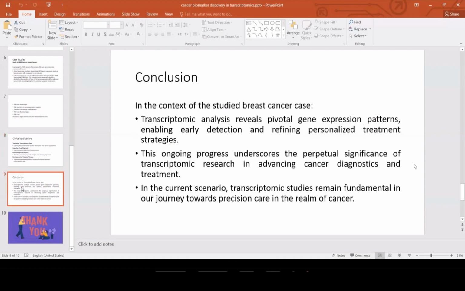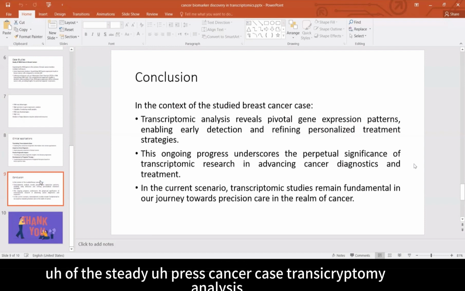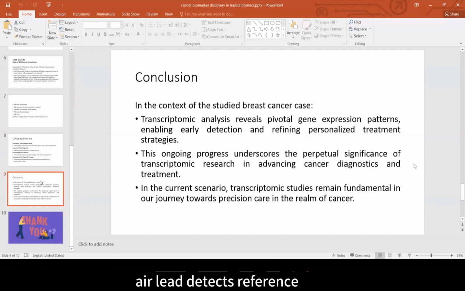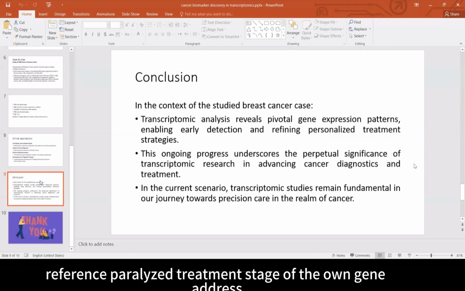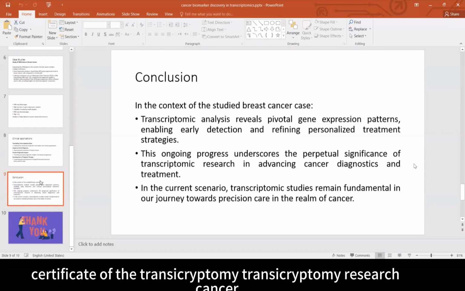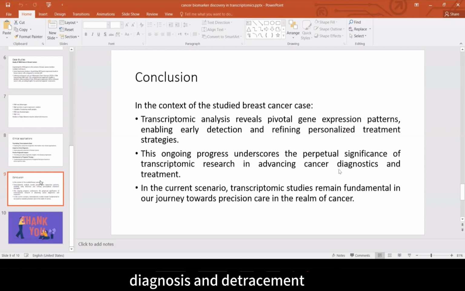This discussion: in this study of the breast cancer case, transcriptomic analysis provides the gene expression patterns and the ability to detect early, guiding treatment at the stage of the oncogene, and addressing understanding of transcriptomic research in cancer diagnosis and treatment.